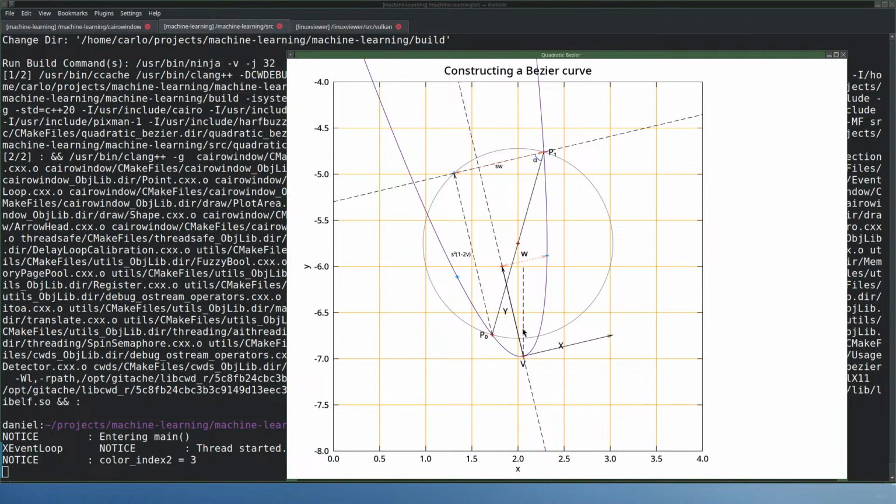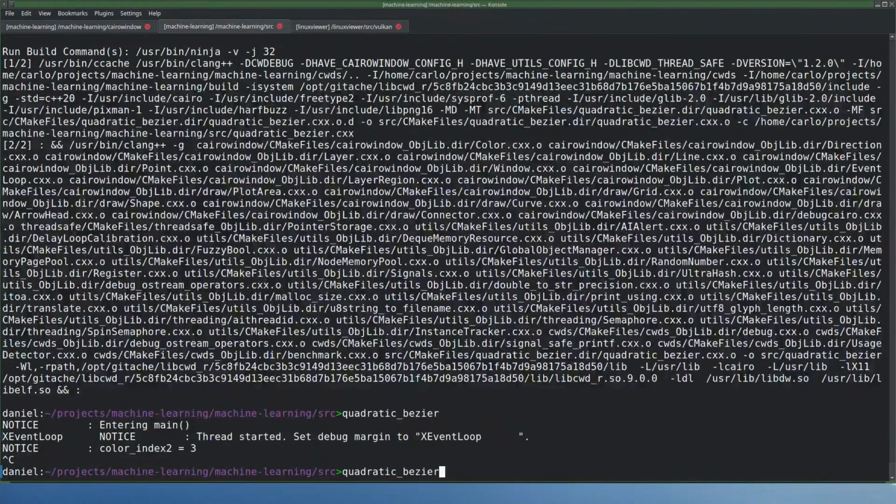Yes, so counterclockwise, so that's from here to there. So we want to rotate from this line to that line, around V. Add arc. Let's see if I can do that.